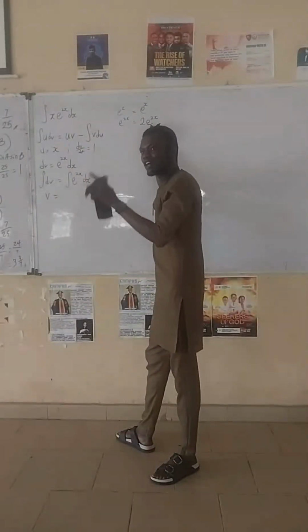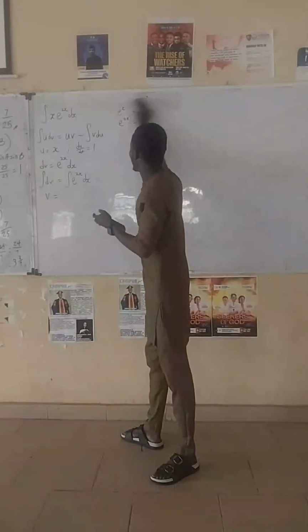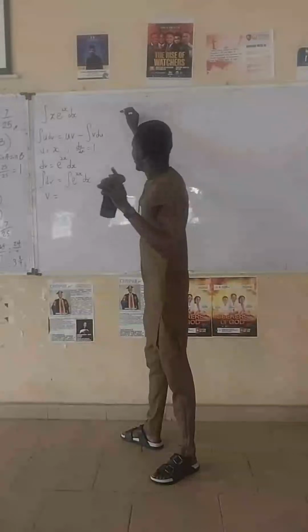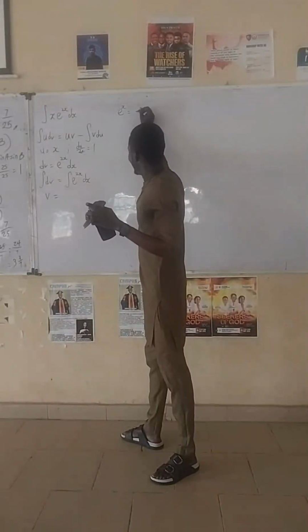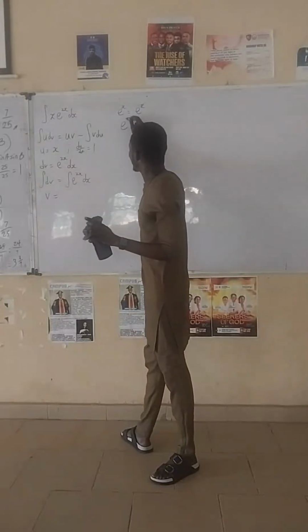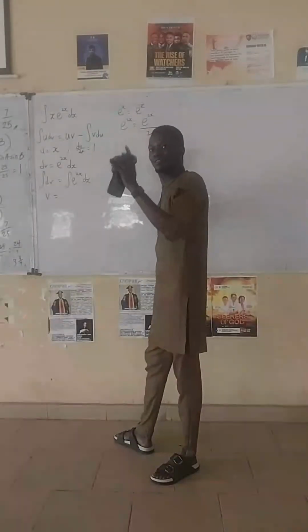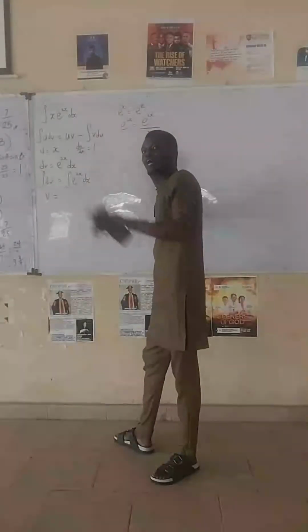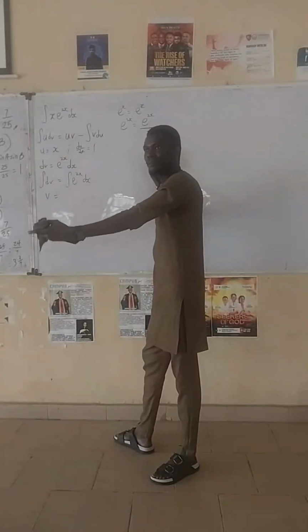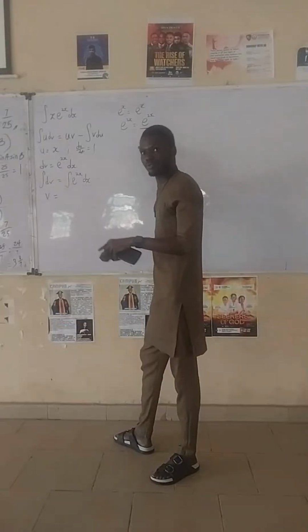But as we know, integration is the opposite of differentiation. So for integration, exponential x is still exponential x. But for exponential 2x, instead of multiplying, we will divide. For differentiation you are multiplying, but for integration you divide, so it is over 2.